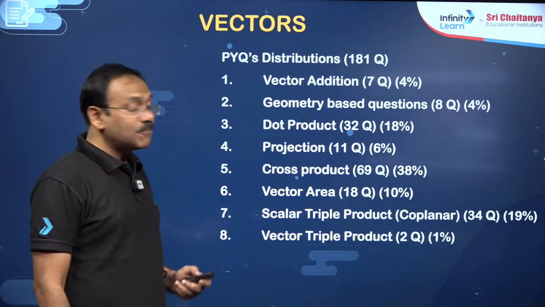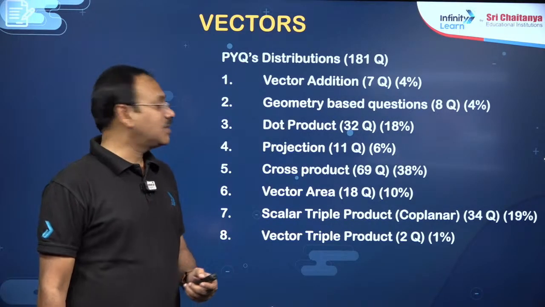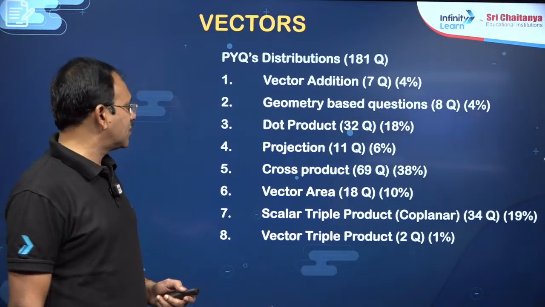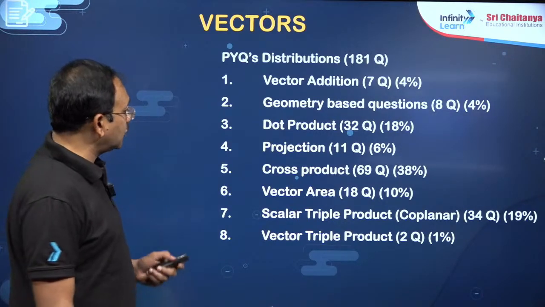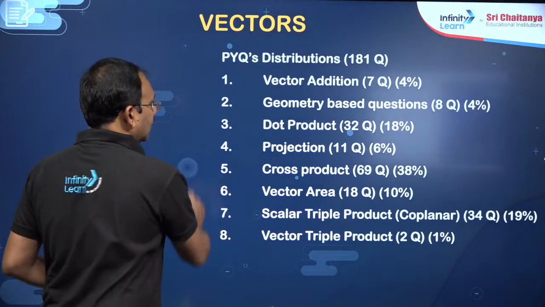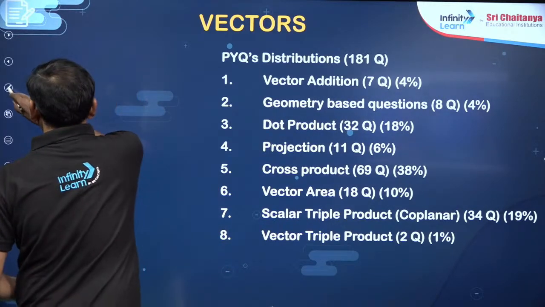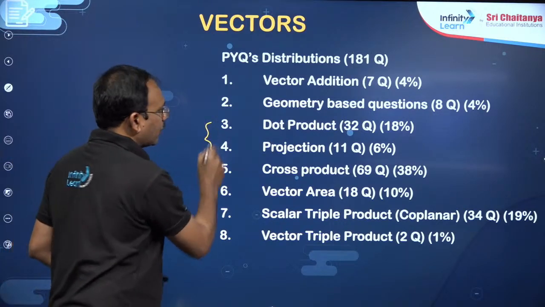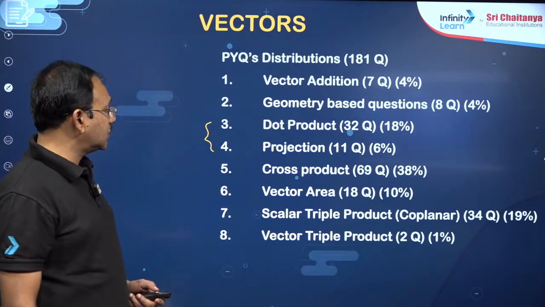Then dot product alone has 32 questions, that is 18%. And in dot product, the projection concept has 11. So altogether these two related to dot product make 43 questions.